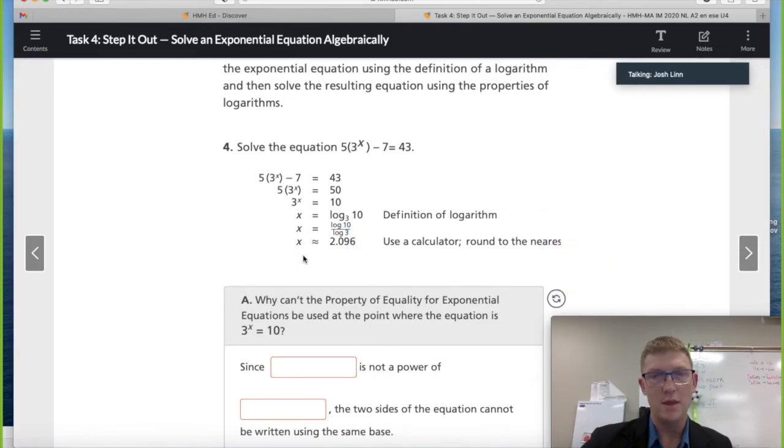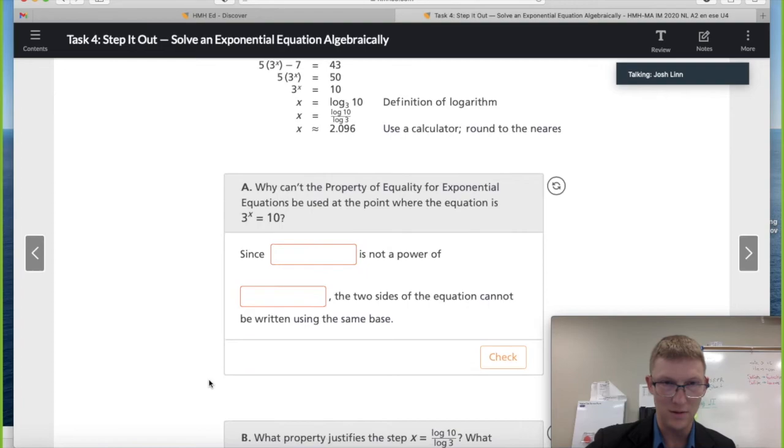So why can't the property of equality of exponential equations be used at the point where the equation is that? We cannot express 10 as an easy power with a base 3.